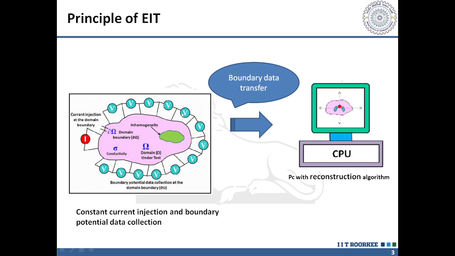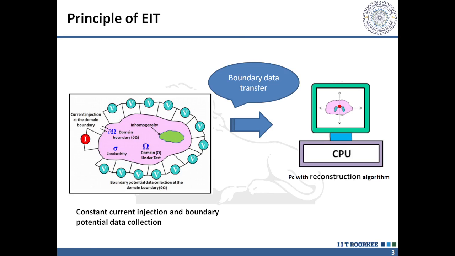Once we have a number of voltage outputs from this measurement, all the measured difference voltage data get saved into the CPU, and with the measured voltage data we apply some algorithm, and the algorithm helps to reconstruct an image on my desktop.